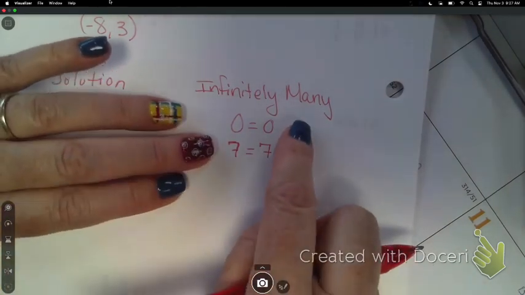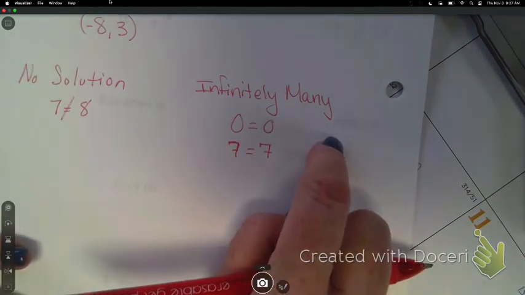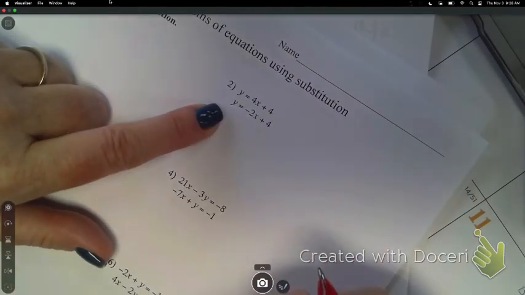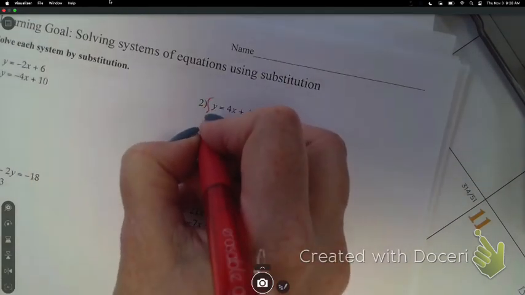So when they equal the same thing with no variable, that's infinitely many solutions. So on your worksheet, you have one no solution and you have one infinitely many solution. There's 10 problems. And I do apologize, guys. What are these missing? They're missing this.